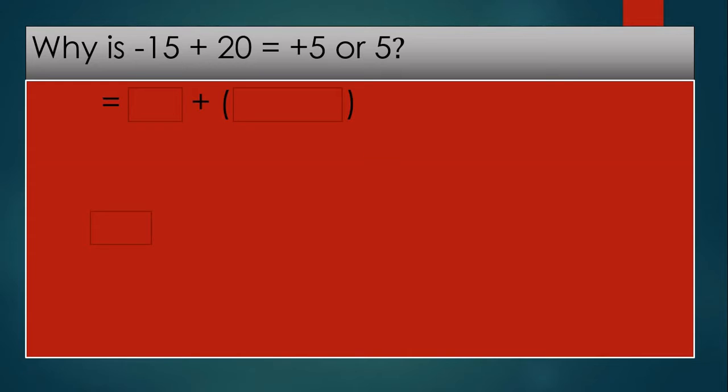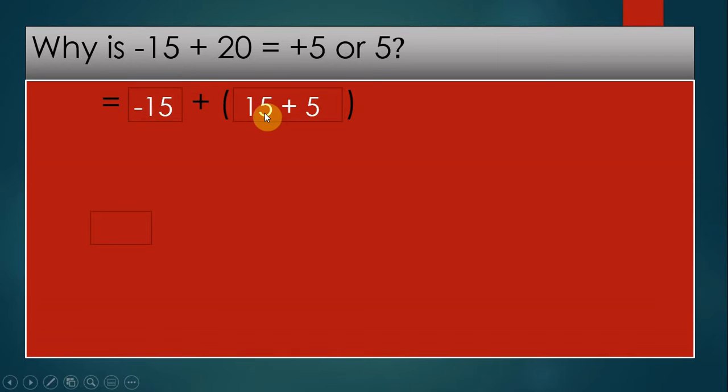Now what is the explanation for this? Here is negative 15. What is the opposite of negative 15? It is positive 15. Now this 20, you break out 20 into 15 plus 5. So 15 plus 5 is 20.